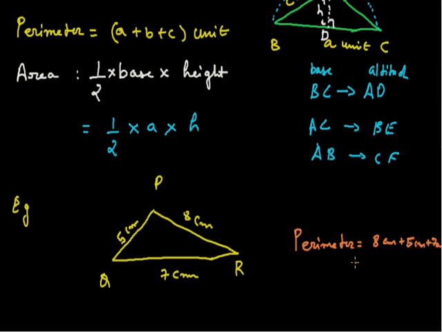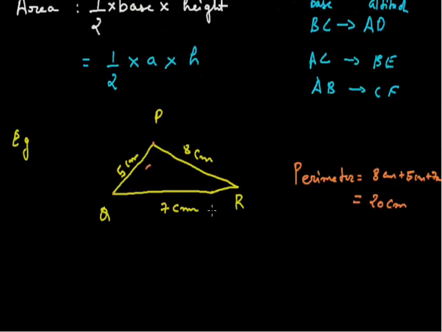So it will be 20 centimeter. That is the total length of the boundary. We can see here, if we start from P, then we come to R, it's 8 centimeter. Then from R, if we go to Q, it will be total 15 centimeter. Then from Q, if we again go to P, then it will be 20 centimeter. So it is the perimeter of this triangle.